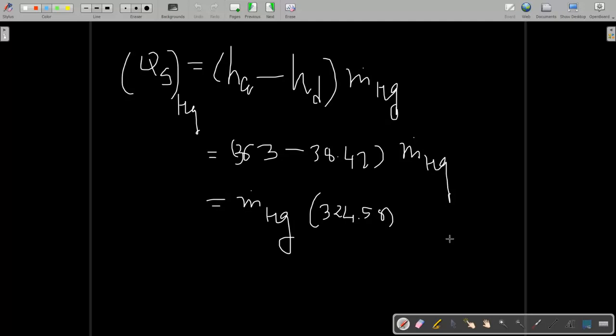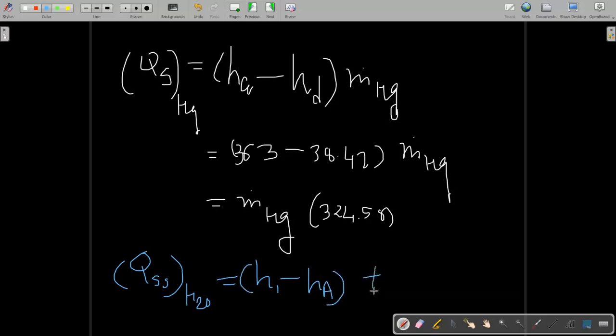Now we will find the additional heat supply, that is, the sensible heat given to water. So sensible heat given to water is H1 minus HA. Just go back and see the diagram, and HB minus H4.